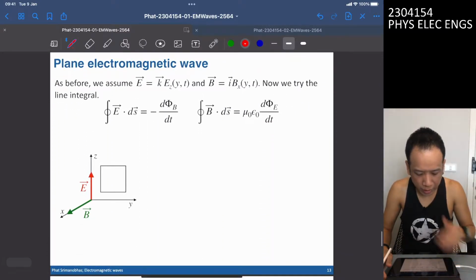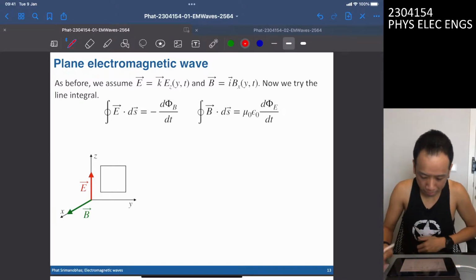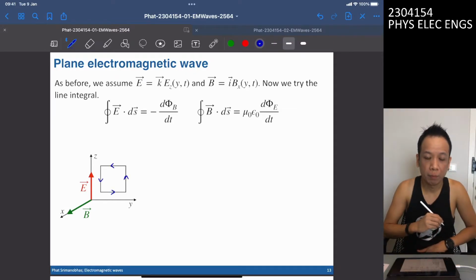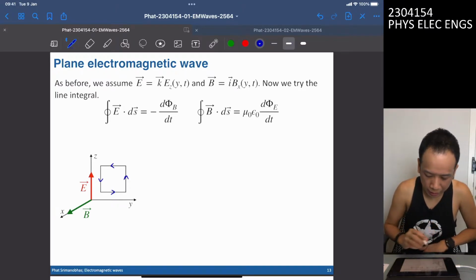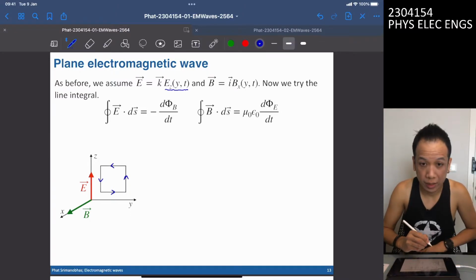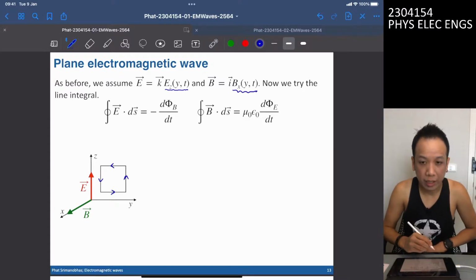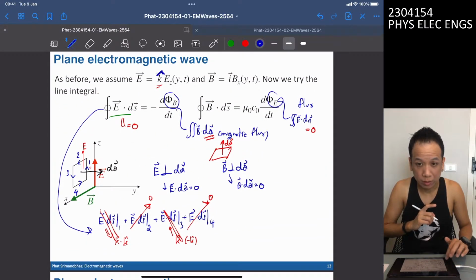Okay, so next we're going to consider the yz plane. Okay, so it's the same. We create a direction of the loop. But what we have to really be careful in this situation is that E is a function of y and t. B is a function of y and t. But in this plane, y is not constant. Okay, in the xz plane, y is constant, right?